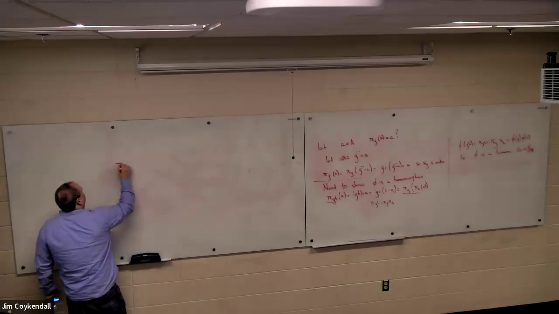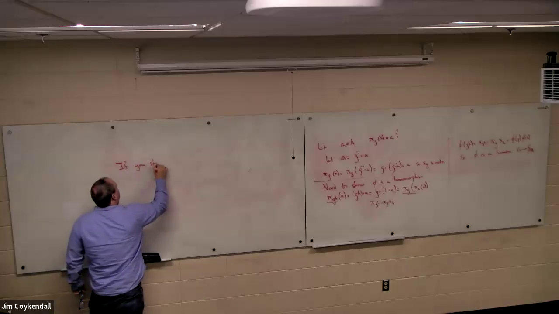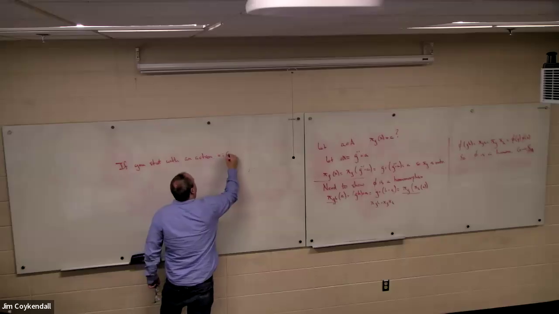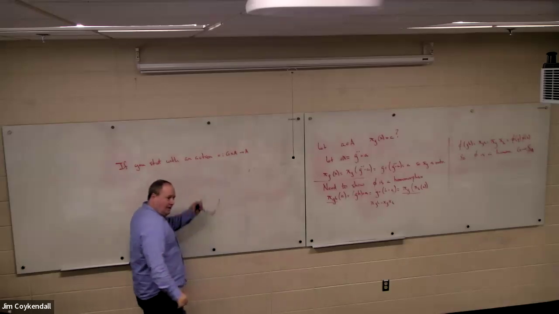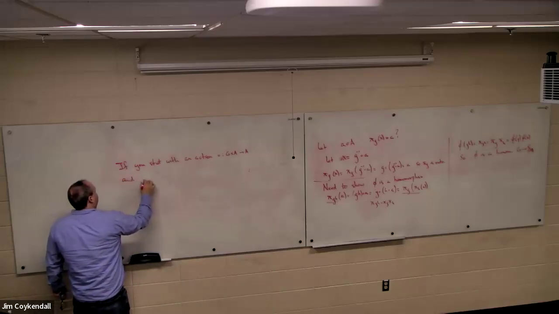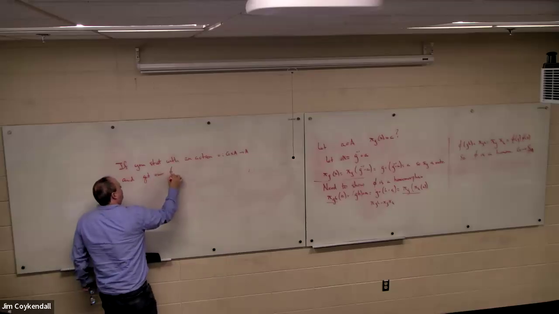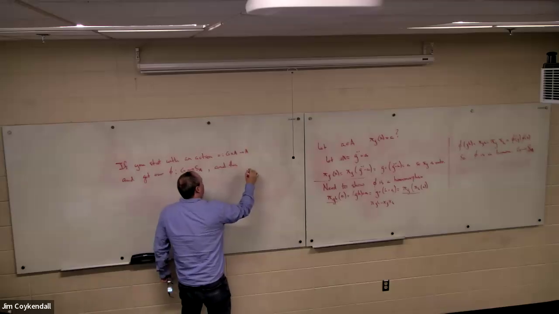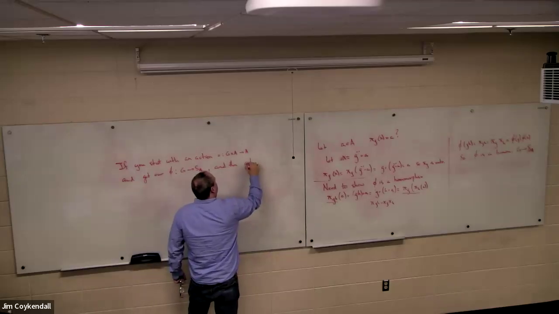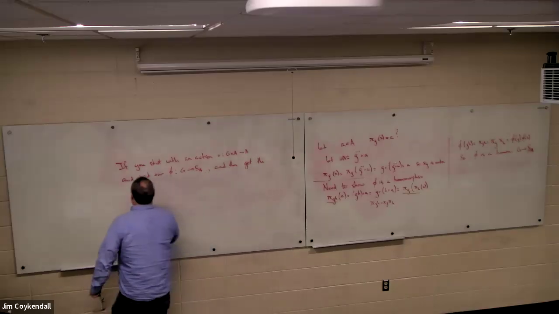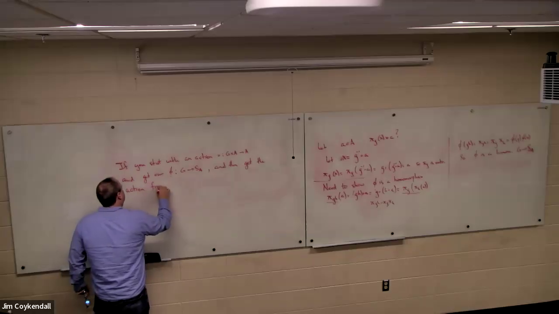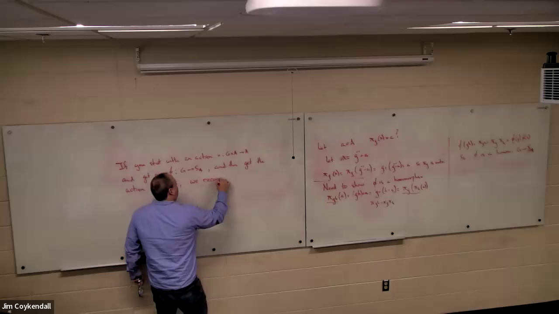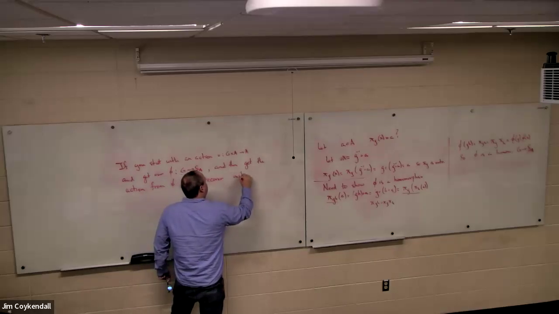But if you start with an action and then derive our phi from it, and then get the action for phi, we recover the initial action.